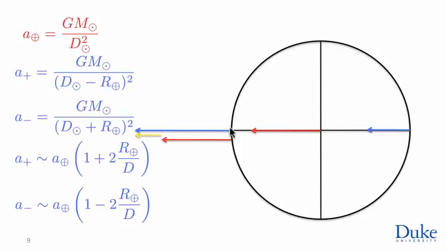So an object over here has a free fall acceleration towards the Sun that is larger than this one by the amount of this little yellow arrow, which signifies A times 2r over d. And similarly, an object on the far side from the Sun has a gravitational acceleration towards the Sun that is less than the acceleration with which the Earth moves towards the Sun by approximately the same amount, to this order of approximation.